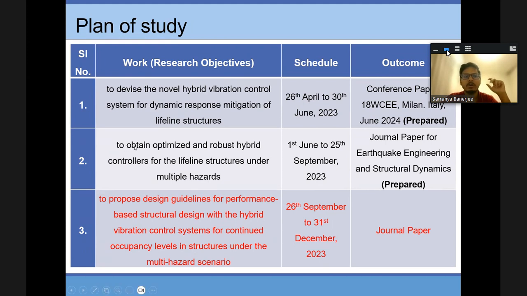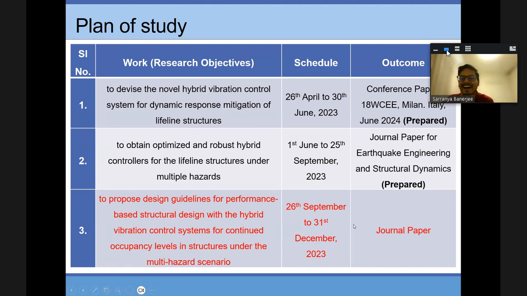Next was to obtain the optimized and robust controllers for lifeline structures under multiple hazards, so that we have prepared the journal paper. Now I have given that to Professor Matsagar, and I'm waiting for his comments. And next was to propose some design guidelines for performance-based structural design with the hybrid control system.